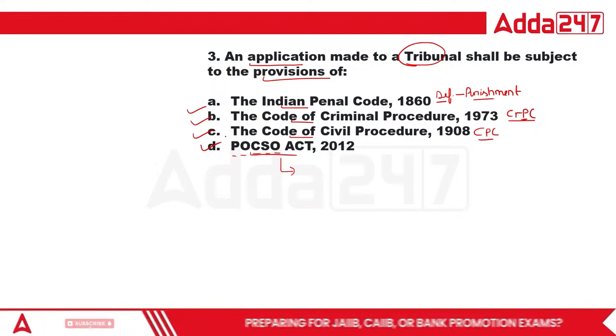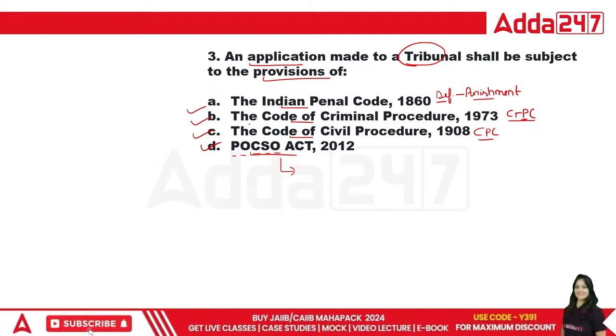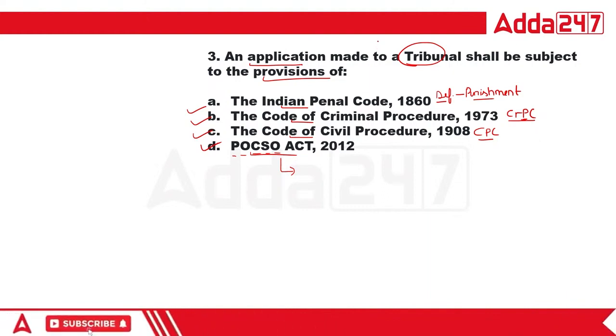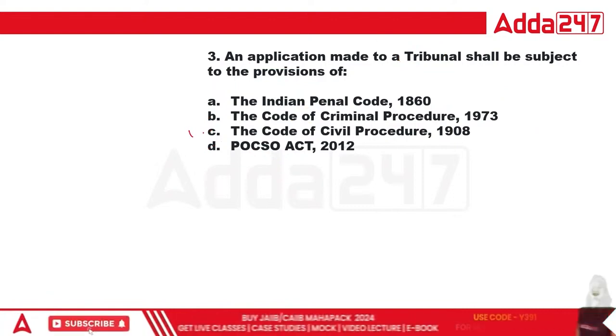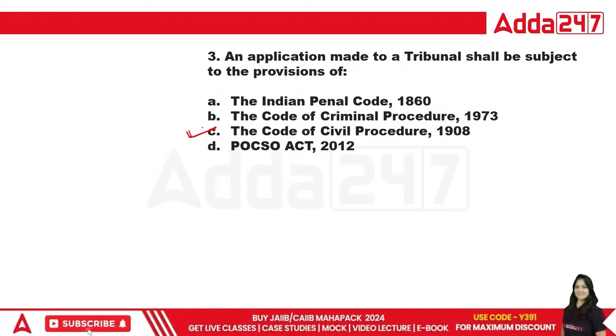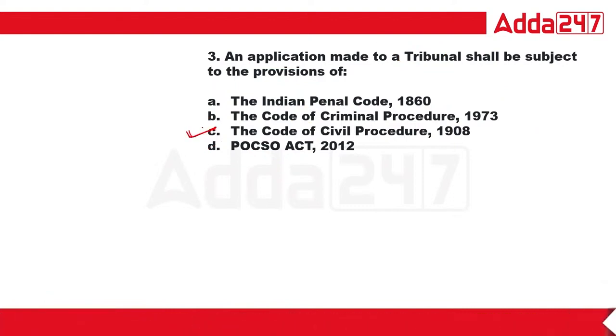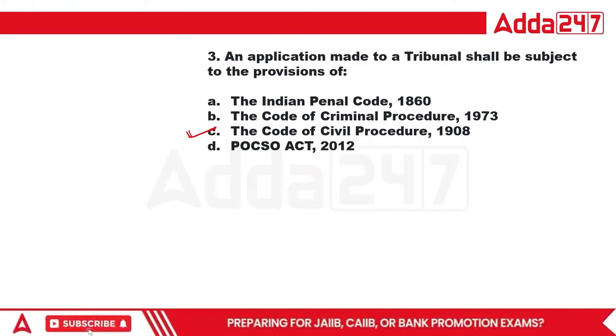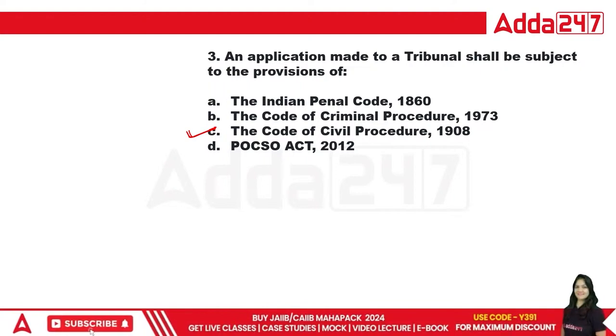So these are the 4 acts given in this. The application of tribunal is subject to the provision of CPC, because in the banking matter also the matter is a civil case, not a criminal case. So for the third one, C will be the right answer.